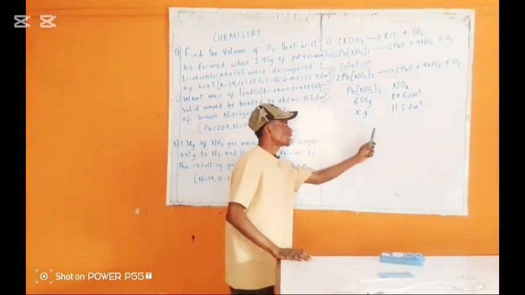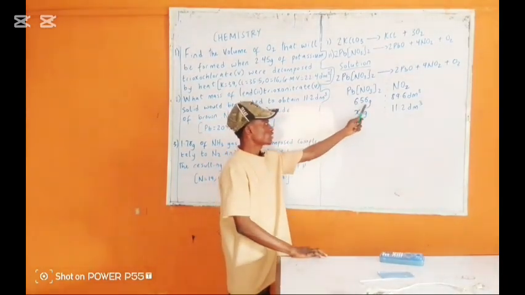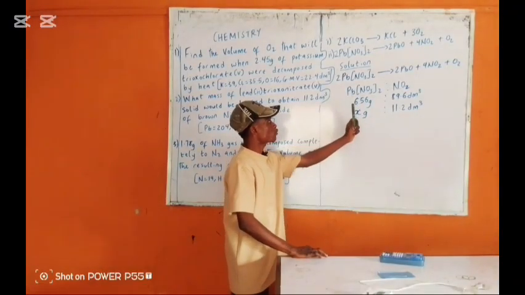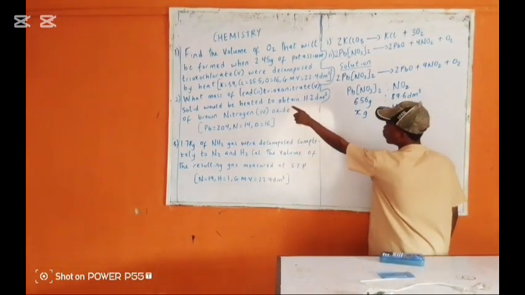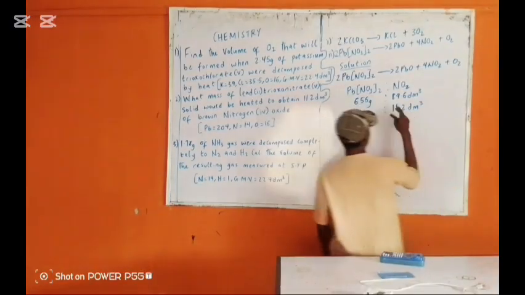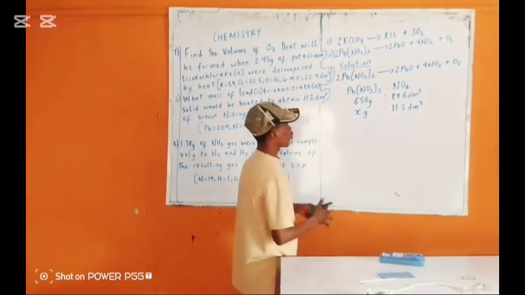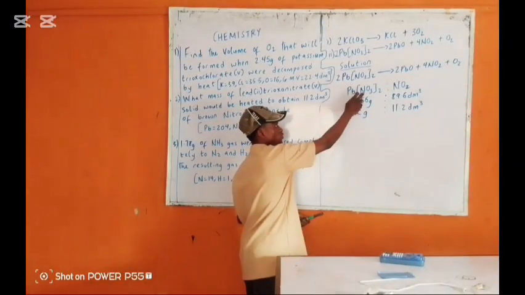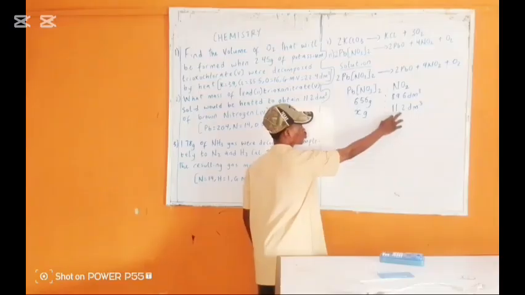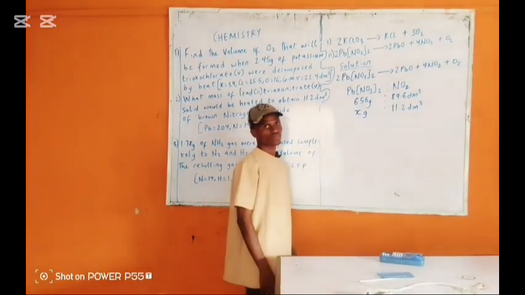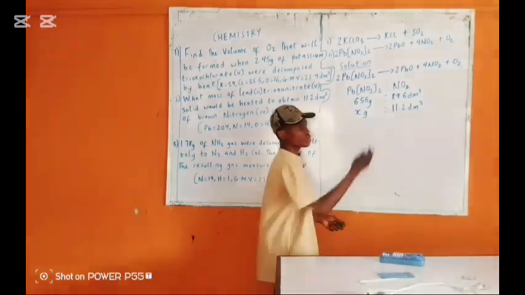When we heat 656 gram of this, we obtain 89.6 dm cube. Now, what mass of this will we use to obtain 11.2 dm cube? That's the question. So what's the next thing here? Cross multiply.